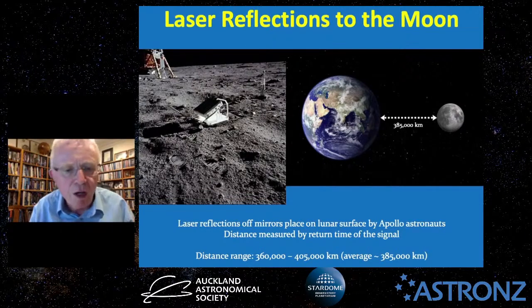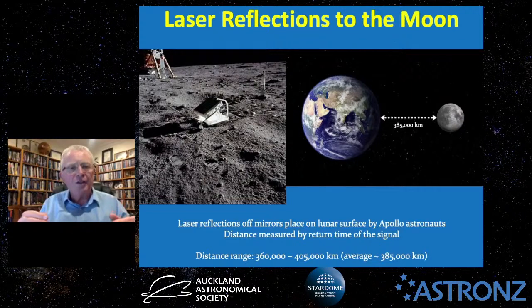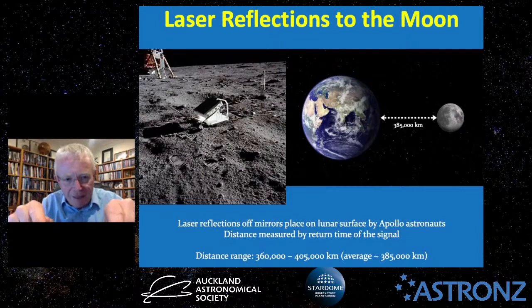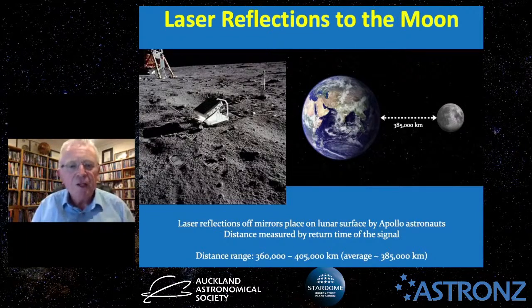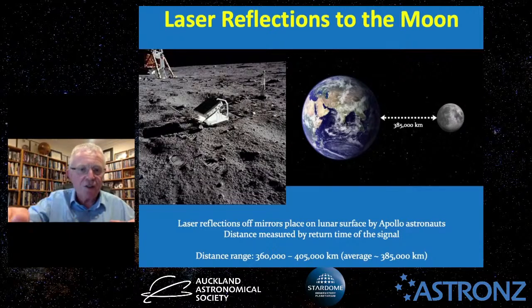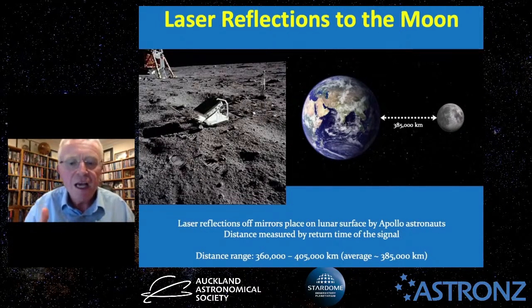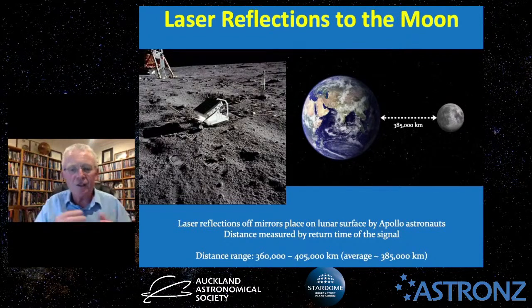The point was that it enabled scientists on Earth to fire a laser beam to the moon's surface, strike that reflector, and it would bounce back to Earth again. And of course, it's light, and they know the speed of light to a pretty accurate measurement. So they just had to time the return trip from Earth to the moon and back again, and from there it's easy. You just calculate the distance.